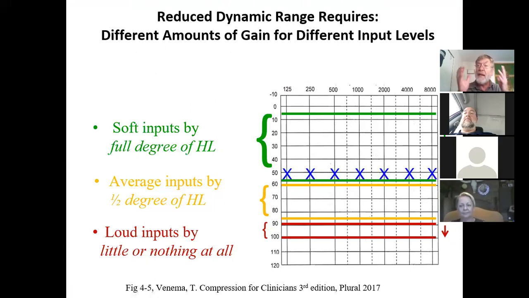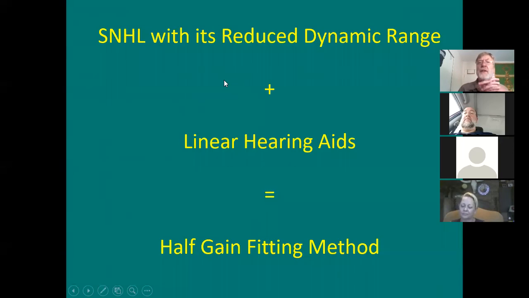Okay, that was the basis of all hearing aid fitting methods, whether it was NAL, Berger, POGO, any of them. Okay, that's what they wanted. So it's very important to understand this concept that the dynamic range has become less. Fitting methods address it, and also compression addresses it. And it's an extremely important concept for a clinician to understand.